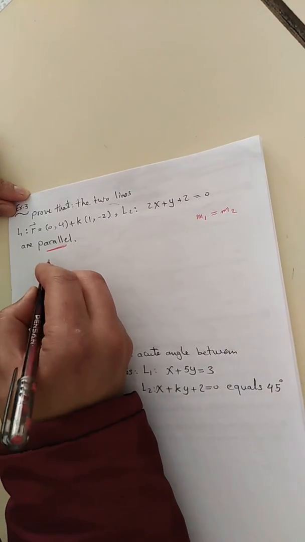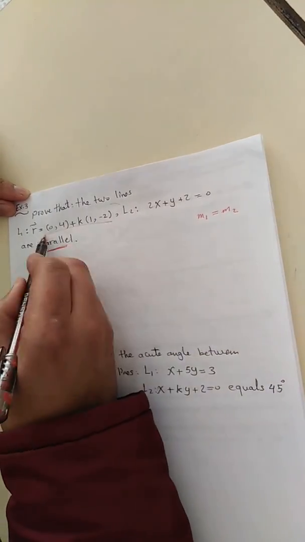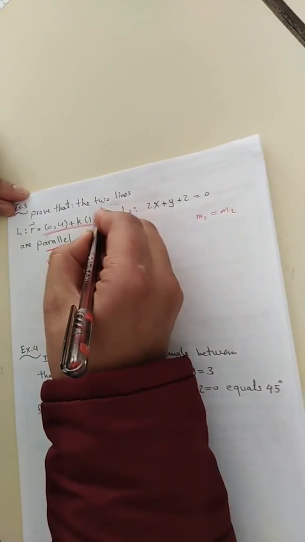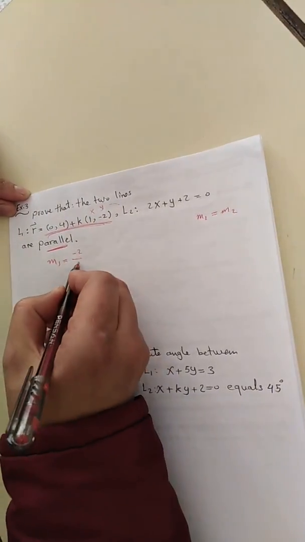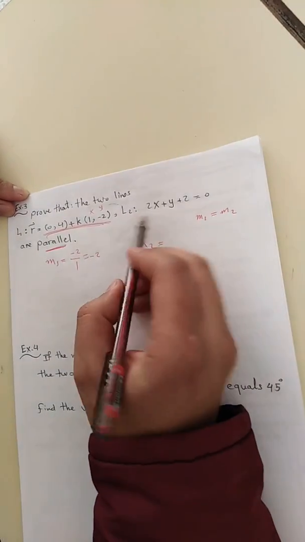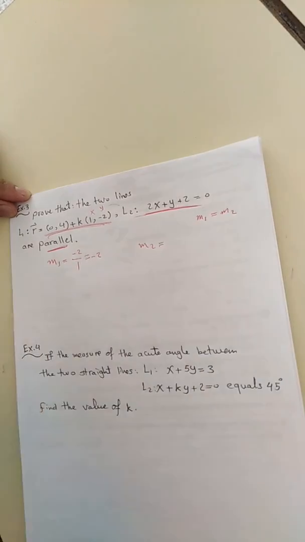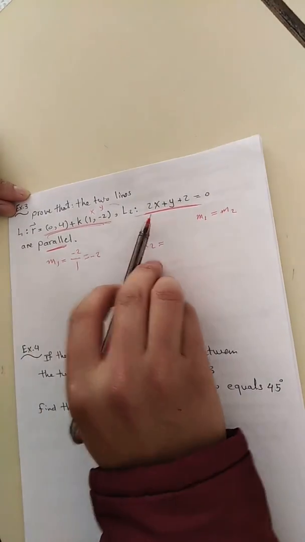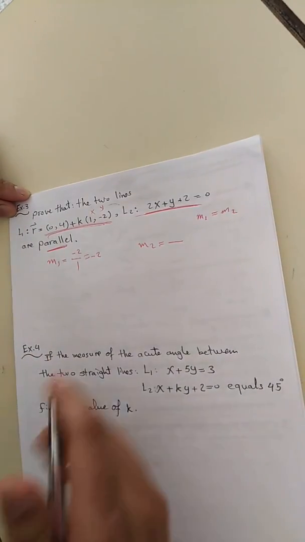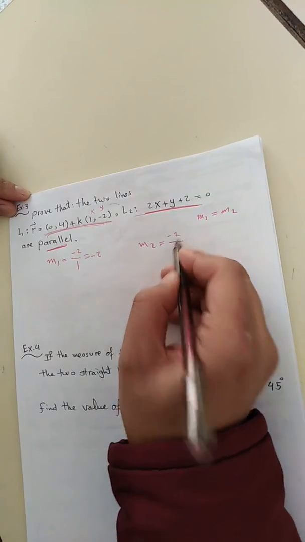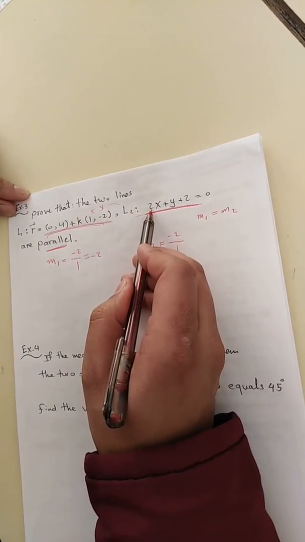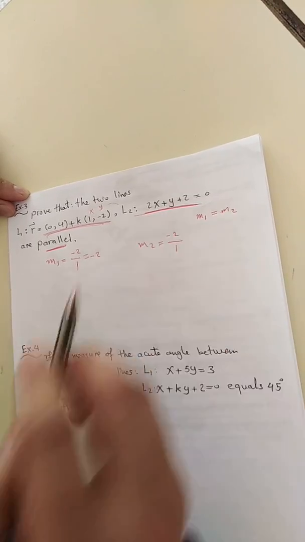Yes. The first slope from the first equation, we can write it as negative coefficient of x over coefficient of y, negative 2 over 1, it will be negative 2. And m2 from the second equation, this is a Cartesian form, and x and y are on the same side, hence we will use negative coefficient of x, negative 2, over coefficient of y, which is 1.